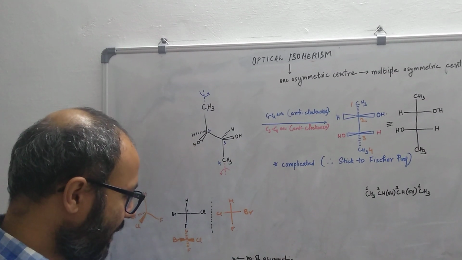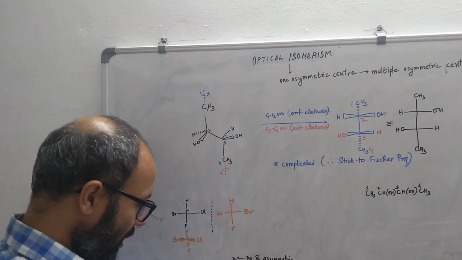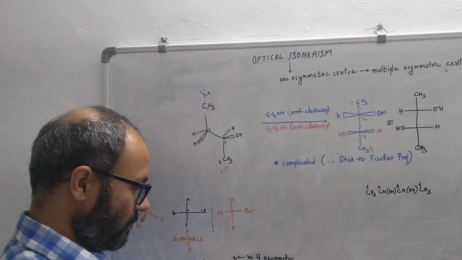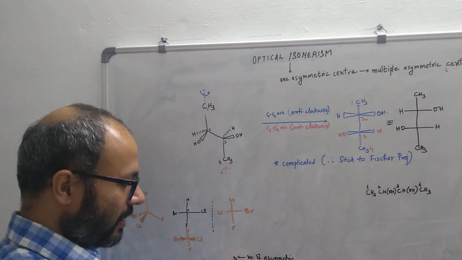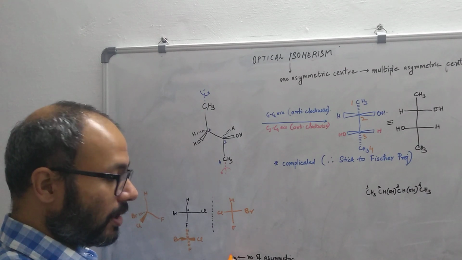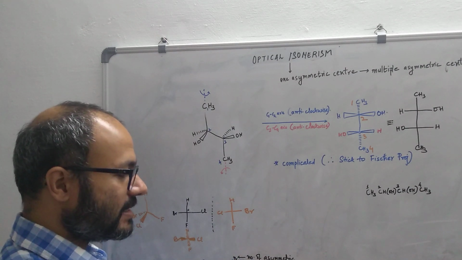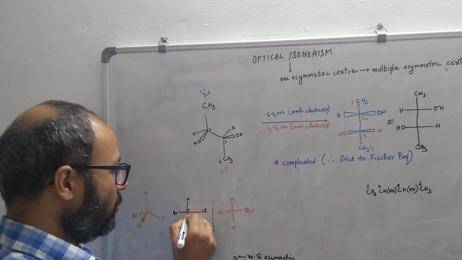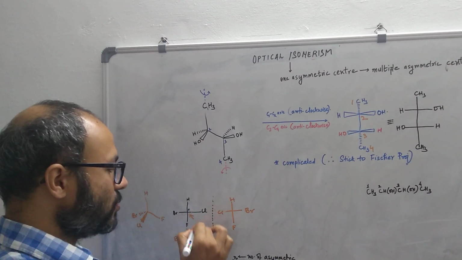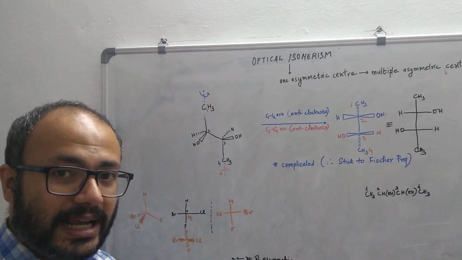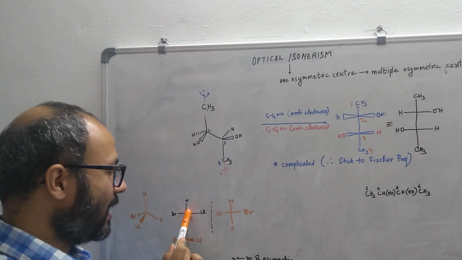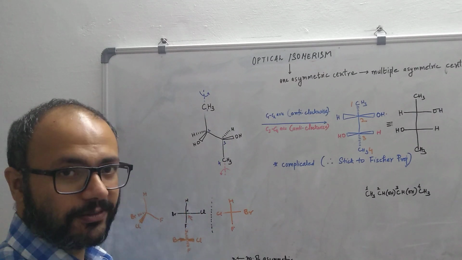This can be understood using a formula for the number of stereoisomers possible, which is given as 2 to the power of n, where n is the number of asymmetric carbons. Now in this compound, the number of asymmetric carbons is only 1, because there is only one carbon which is attached to 4 different groups.